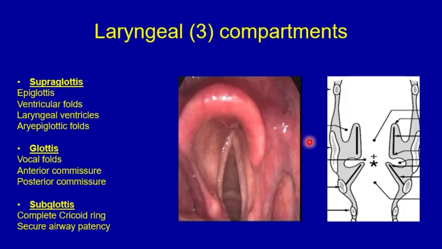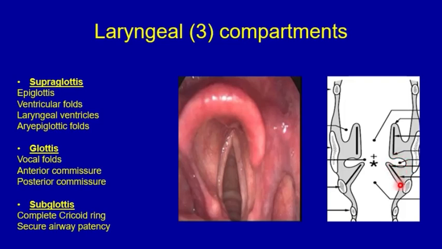You can see this more clearly on the coronal section of the larynx, where these triangular folds are the vocal folds, and between the vocal folds and the ventricular folds here is a small recess, the laryngeal ventricle.